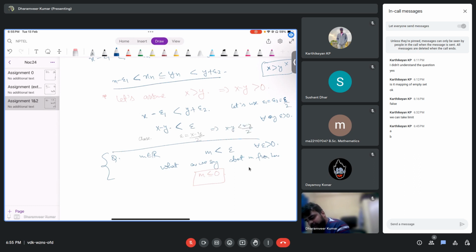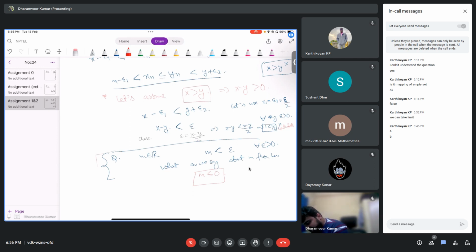I can cancel it out, and we get x minus y greater than half of x minus y, which is a contradiction. So x cannot be greater than y.